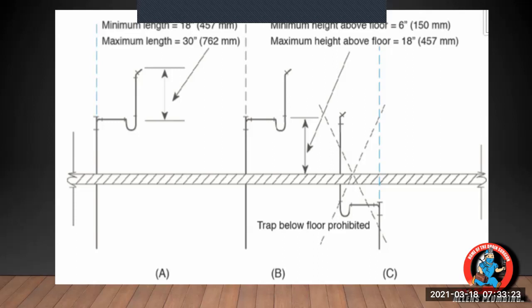That's because of splashing, like when a washing machine is dumping out water. You don't want that hitting the trap and splashing up and dumping over the top. The 30 inches, I'm going to assume because of siphoning. It has the potential to siphon that trap out.